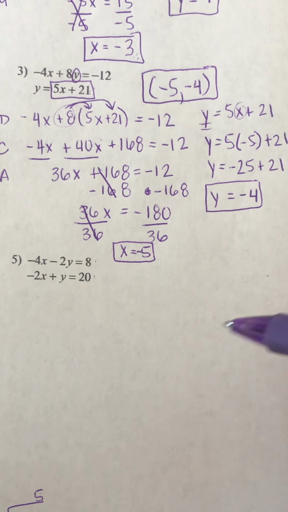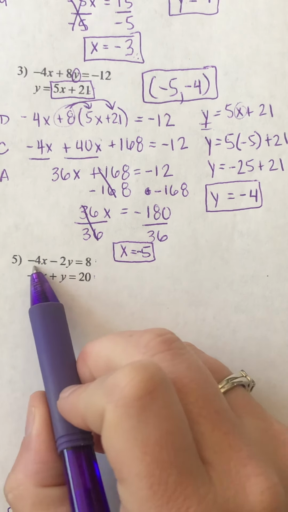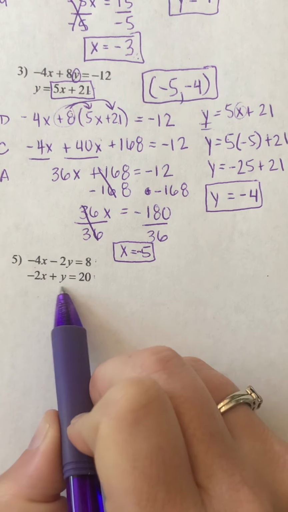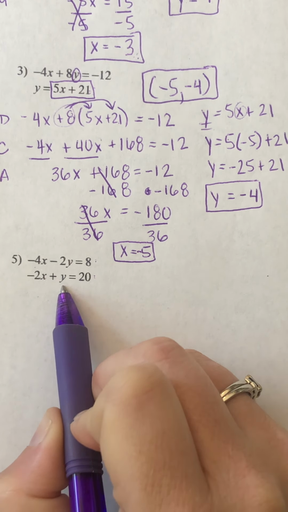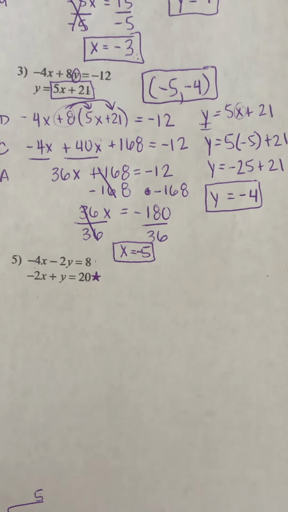We want to pick out the equation that's going to be the easiest to isolate a variable. So I see this has a coefficient, a coefficient, a coefficient, but this one right here is already kind of by itself. So to me, this is going to be the easiest equation for us to solve for y.